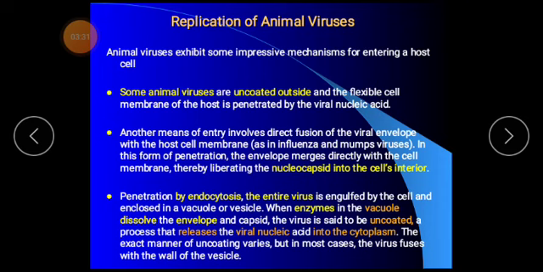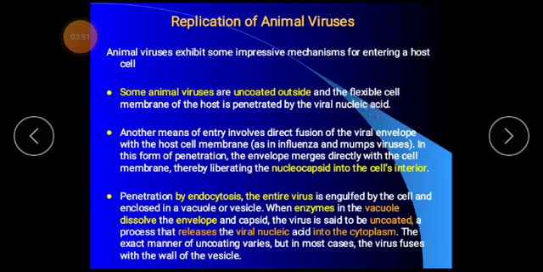Also in animal virus replication, the animal virus exhibits some impressive mechanisms for entering the host cell. So here some animal viruses are uncoated outside, and the flexible cell membrane of the host is penetrated by the viral nucleus.